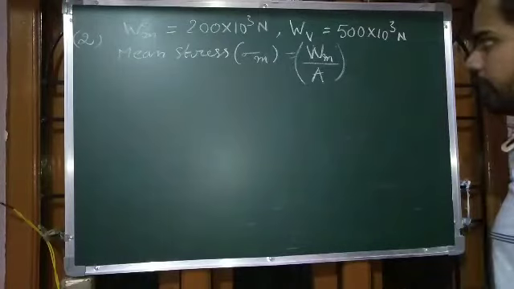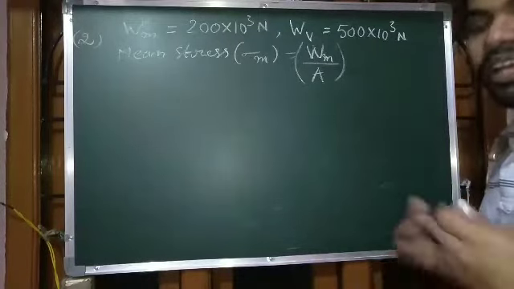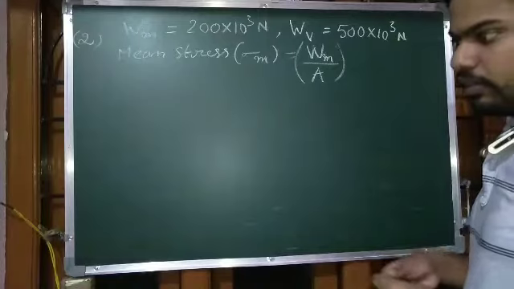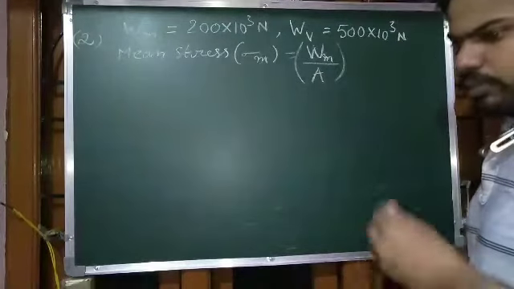The problem is to find the diameter of the rod. The rod generally has a circular cross section.